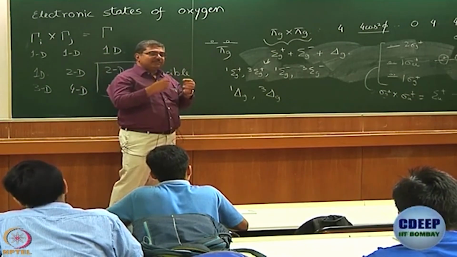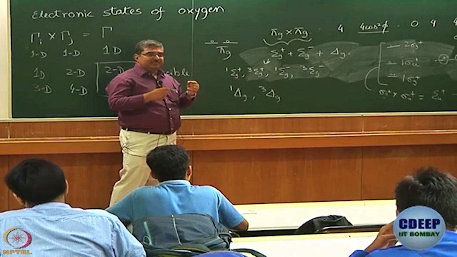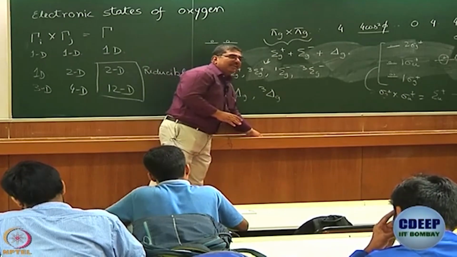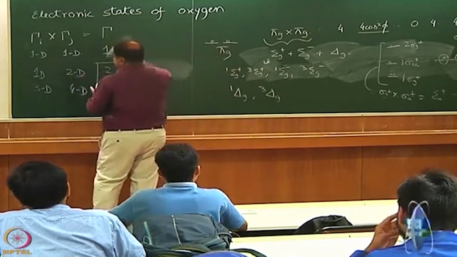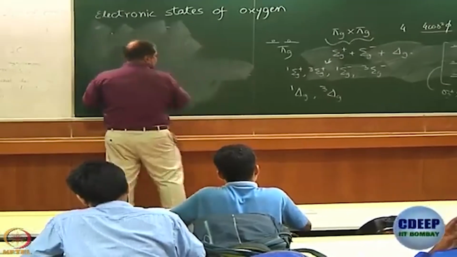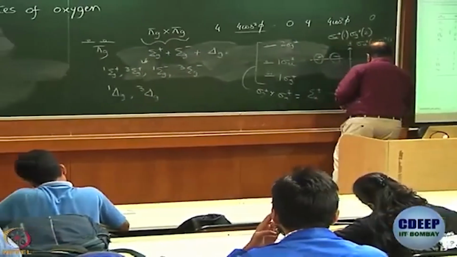So, their spins are actually correlated to each other. Let us see if I can draw boxes and try to see how many states I actually should get. Those who have studied term symbols and all will be familiar with this treatment.